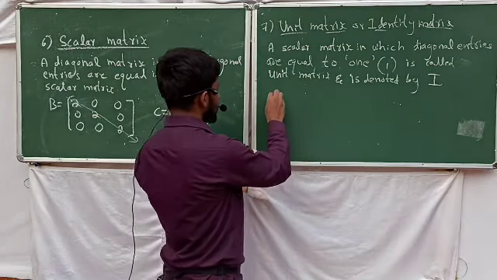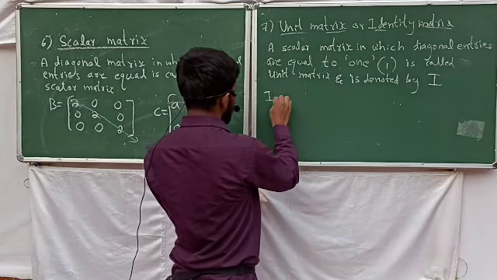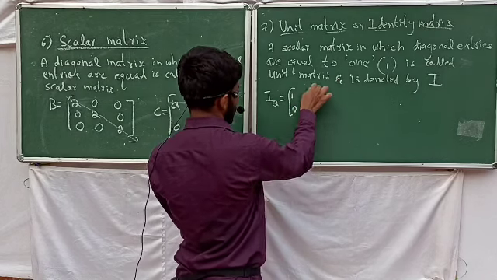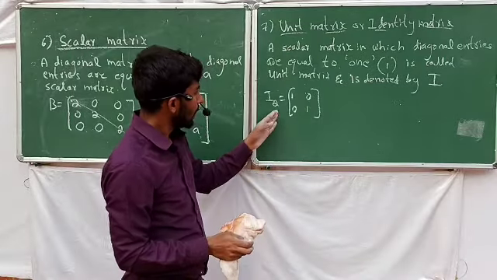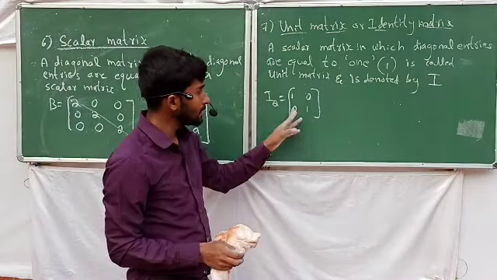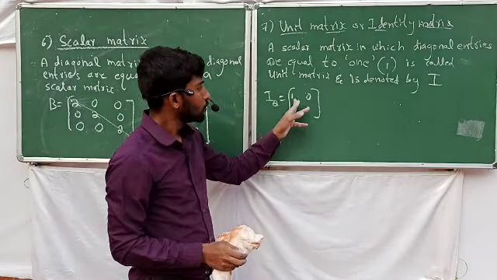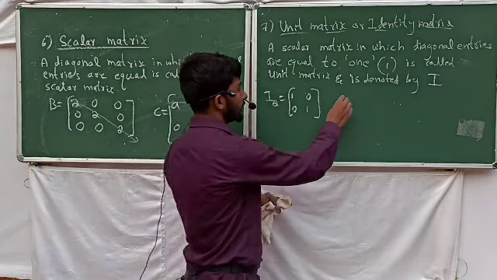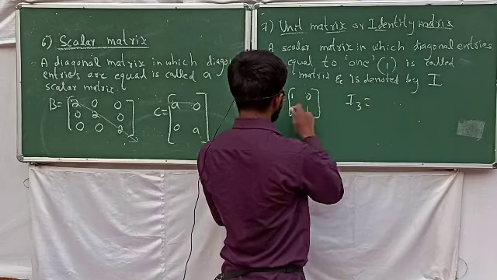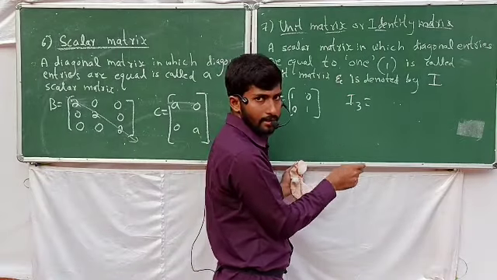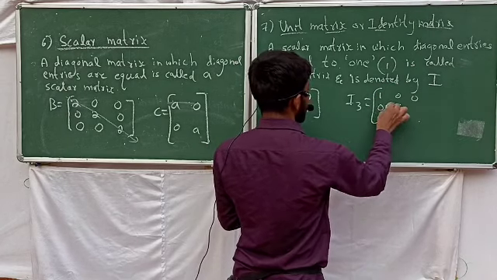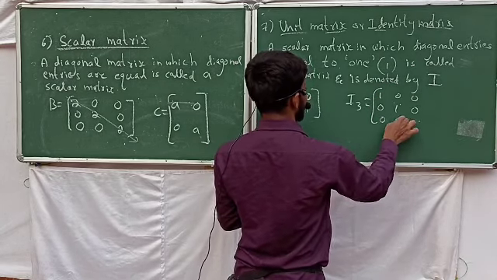First example, see, I write I2, that means 1 0 0 1. I2 is just a notation. I2 means identity matrix of order 2, that is 2 by 2. I3 means identity matrix of order 3, that is 1 0 0, 0 1 0, 0 0 1.